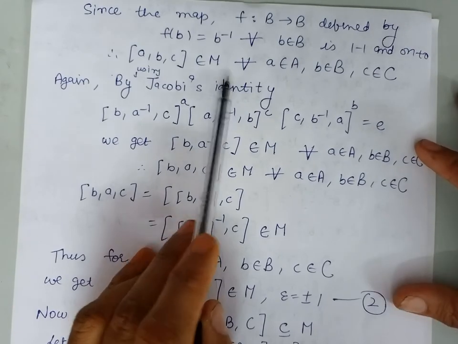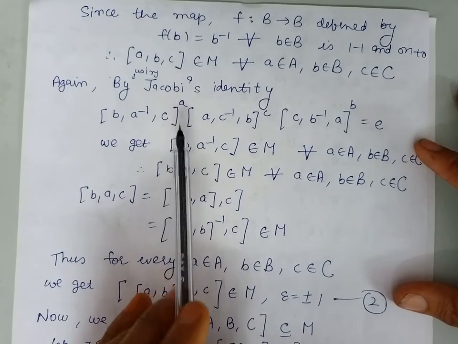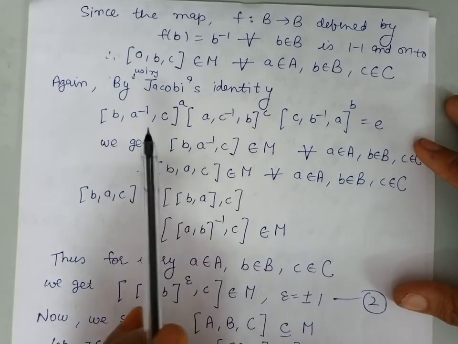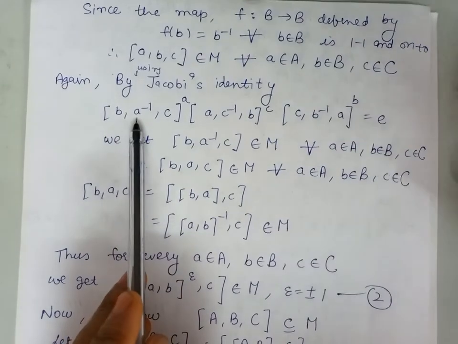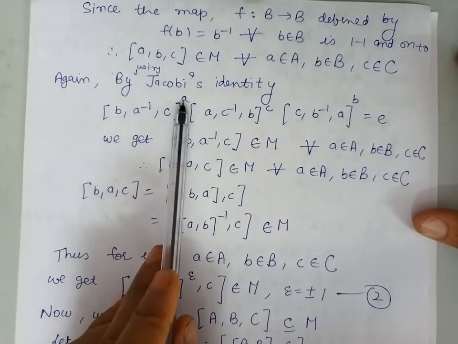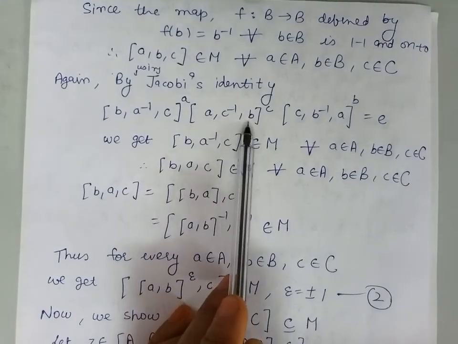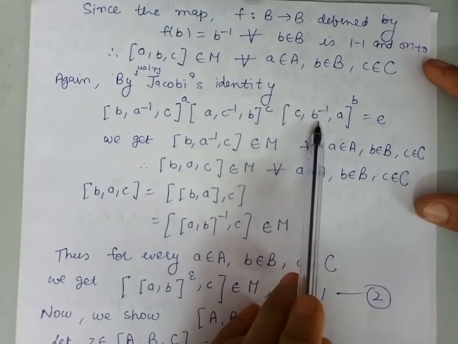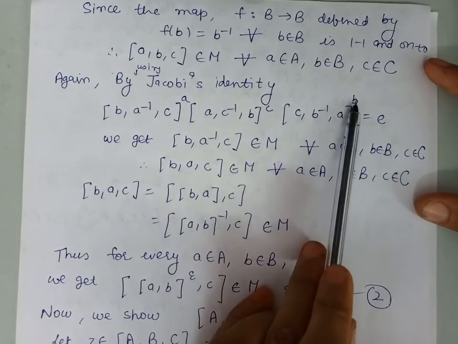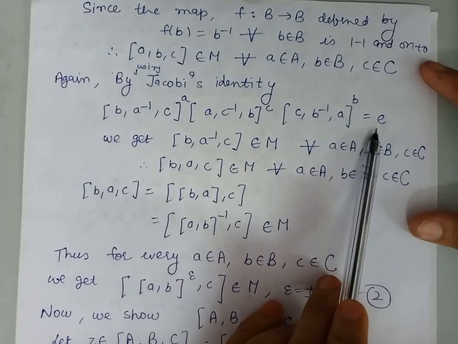Now again we can use Jacobi's identity for the elements which we have taken, A, B and C. So by Jacobi's identity, the commutator of B, A inverse and C with A in the power, into the commutator of A, C inverse and B with C in the power, into the commutator of C, B inverse and A with B in the power, the product of these three is equal to identity.